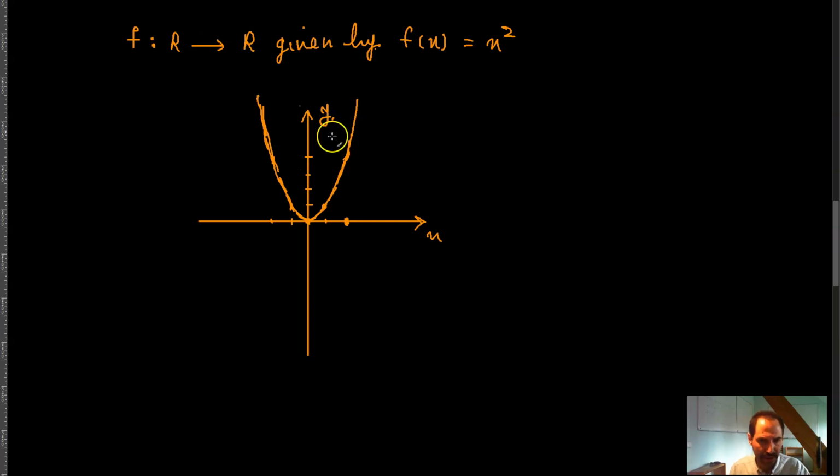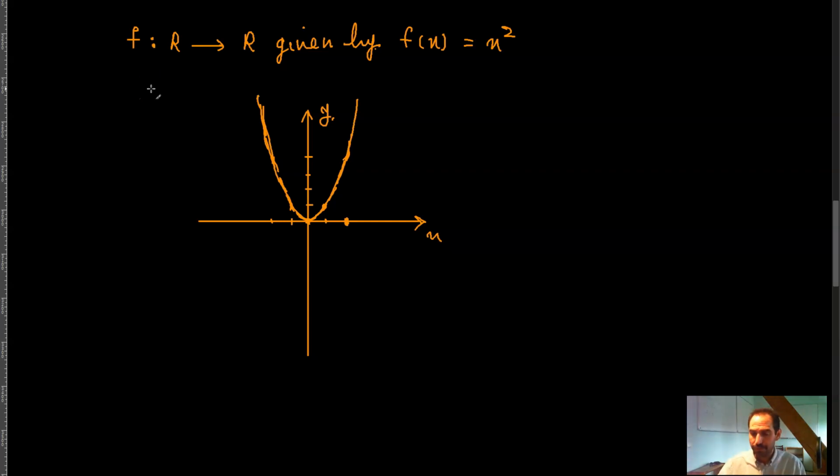Now what has changed is that this domain is now the set of real numbers. This codomain is the set of real numbers. That means that now you have all the positive numbers, all the negative numbers, and you have the 0, 1, 2, 3, and so on and so forth. But between 0 and 1, you have countless numbers. Between 1 and 2 you have countless numbers, and between 0 and -1 you have countless numbers, and so on and so forth. So how do you solve this problem?